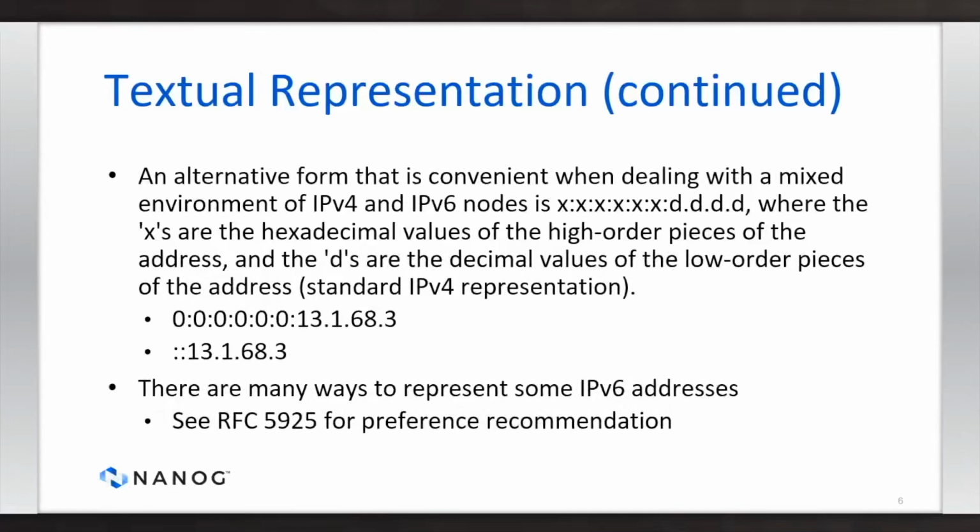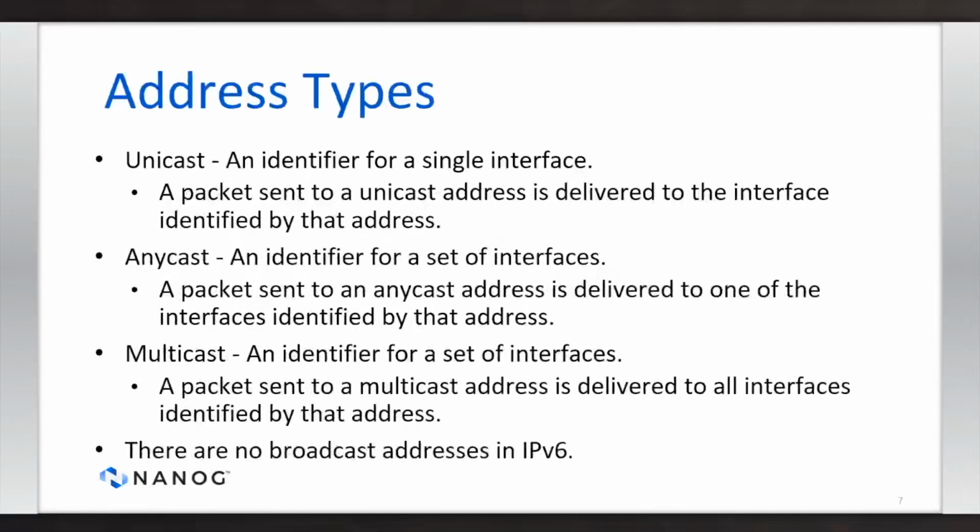Because you can only have one double colon in an address. Well, see RFC 5952 for recommendations. It's really a good thing if everybody abides by it, because then grepping on an IPv6 address becomes a tractable problem.